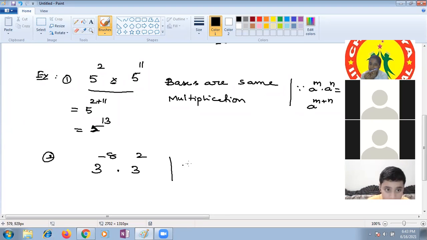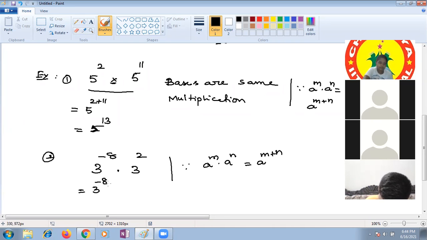Which law of exponents are you using? a raised to power m multiplied with a raised to power n is equal to a power m plus n. Since from this law, how are you supposed to write the next step? 3 power minus 8 plus 2, which is 3 power minus 10.